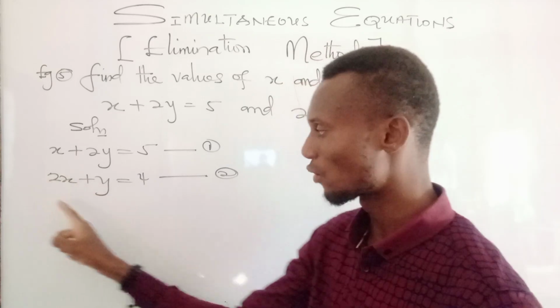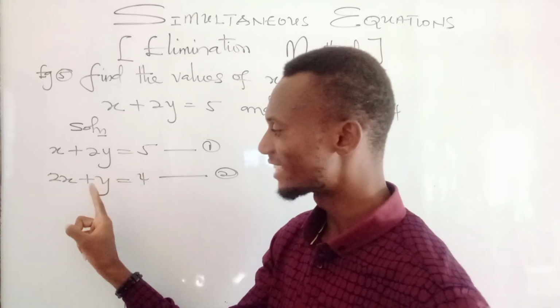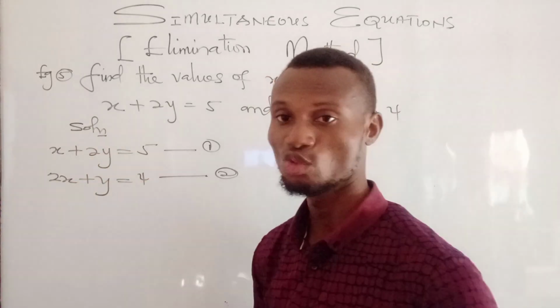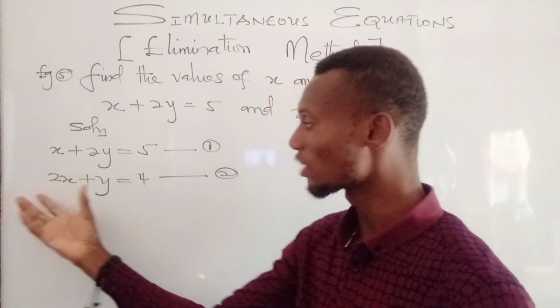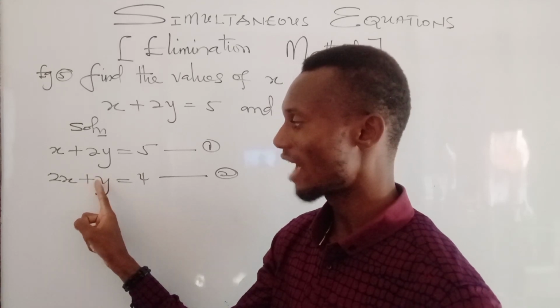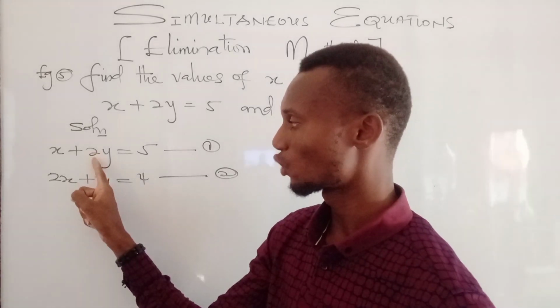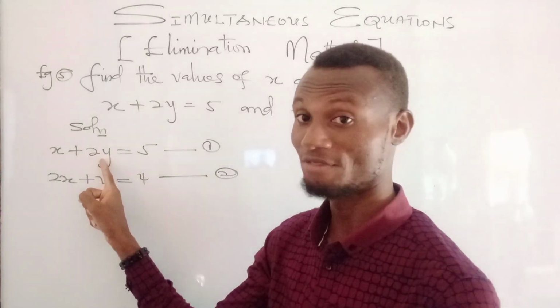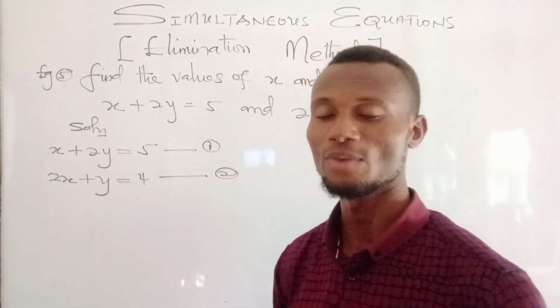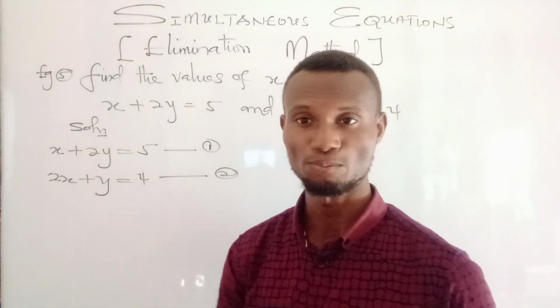You multiply equation 2 by 2 so that you can get the coefficient of this y to be the same as the coefficient of this y. Because when you multiply equation 2 by 2, you will get this y to have a coefficient of 2, and this y will remain with a coefficient of 2, making them the same. So that now we can go through the elimination process.